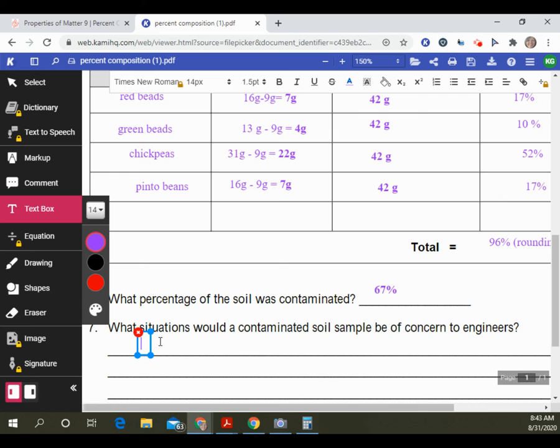We just talked about it might be a concern if the engineers were building a playground or a garden. Does the type of soil or the type of foundation change the way a building is constructed? Yeah, absolutely. So those are some different things to think about on that.